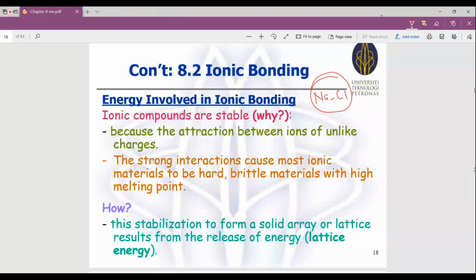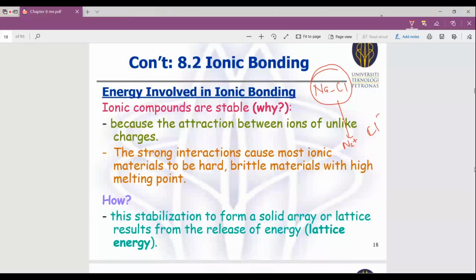But single Na plus and Cl minus ions are very high in energy. So from high energy to low energy, it releases the excess energy. So you can read that ionic compounds are stable because of the attraction between ions of unlike charge and strong interactions between the ions.